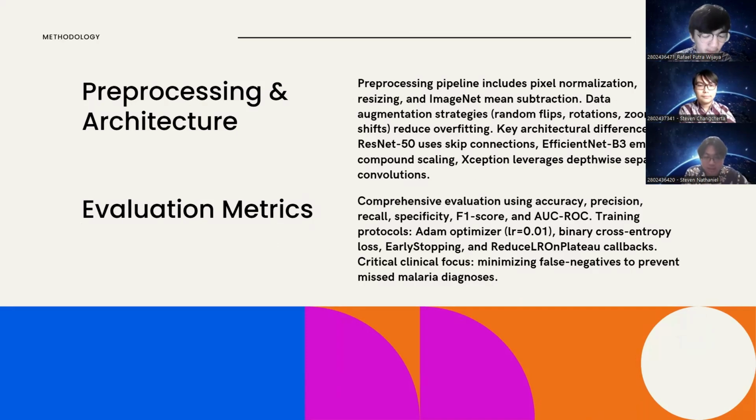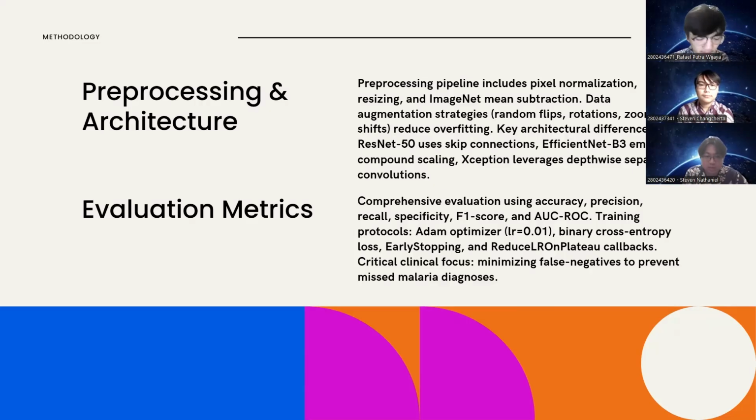Next, on the technical side, our preprocessing pipeline includes normalization, resizing, and ImageNet mean subtraction, while augmentation, random flips, rotation, zoom, and shift, helps reduce overfitting. The three architectures differ in key ways. ResNet 50 relies on skip connections, EfficientNet B3 uses compound scaling, and Xception uses depthwise separable convolutions.